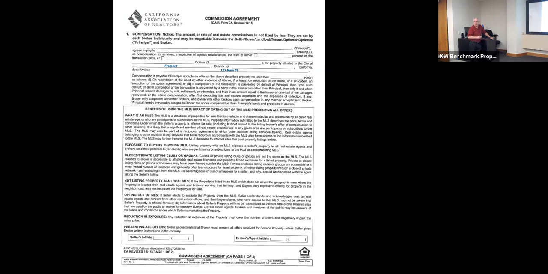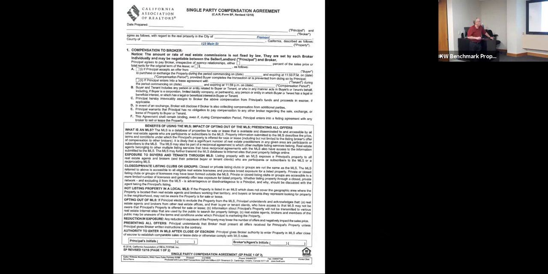So just to be clear, you still use a listing agreement in addition? No listing agreement whatsoever. This is just a straight agreement to pay a straight commission. Okay. Because there's another one you can use called a single party compensation agreement. This is where the seller already has a buyer, a family member, a neighbor, whatever, and they want you to handle the transaction.